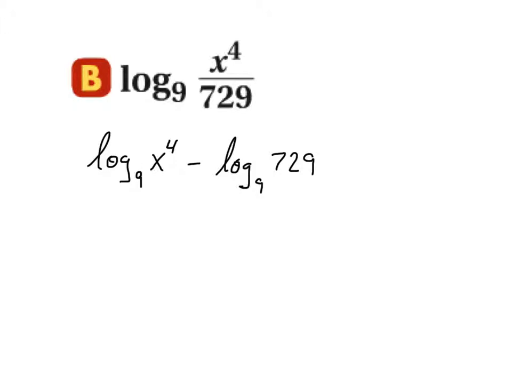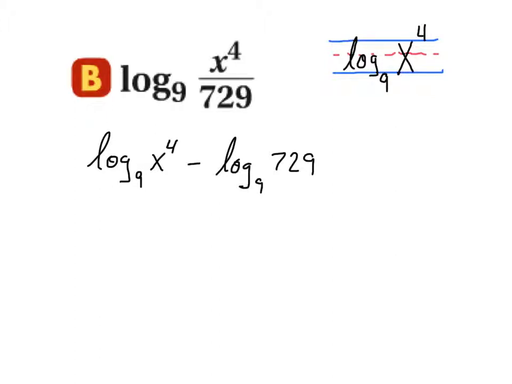It is very important that you guys write this properly. Again, go back to thinking in grade school: lined paper. Okay, log base 9 of x to the 4th power.